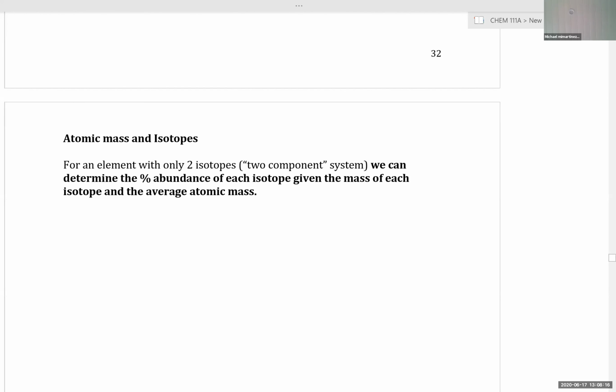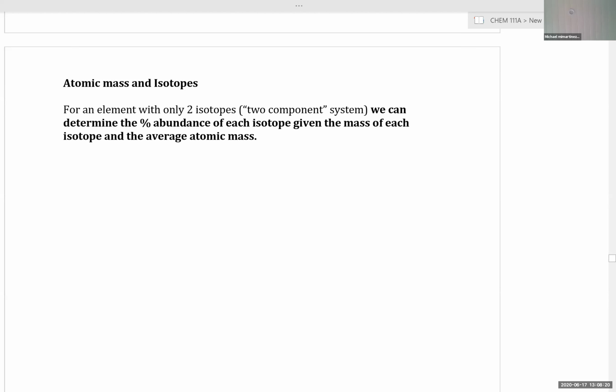Let's tackle really one of the central ideas that I like to introduce in general chemistry: that algebra is a very wonderful tool for saving you time in having to do calculations in a repetitive manner. So what do I mean by that? Let's suppose we have an element with two isotopes.